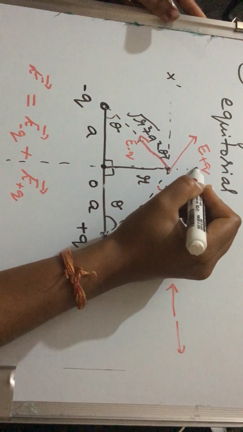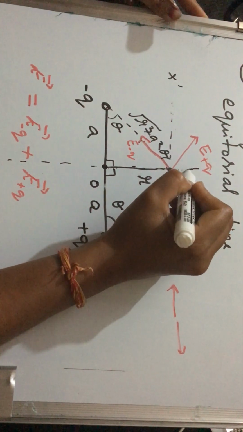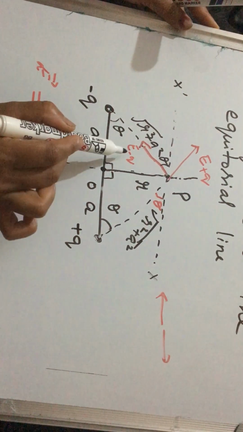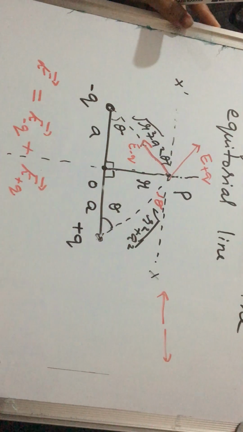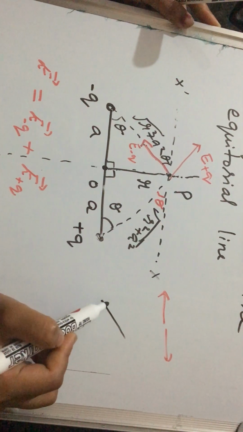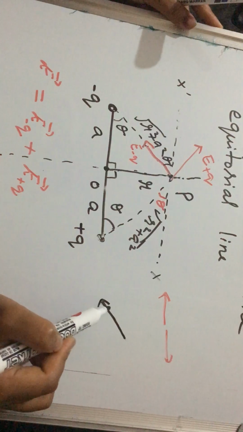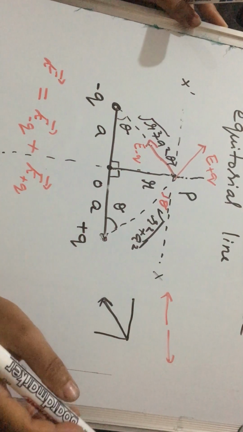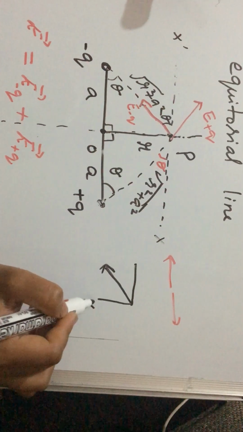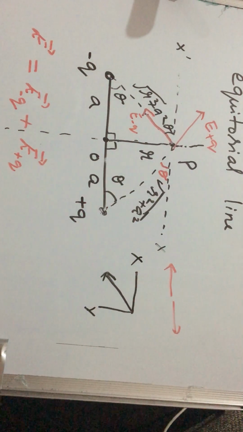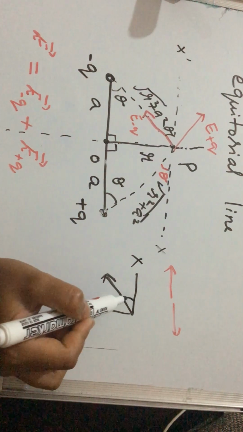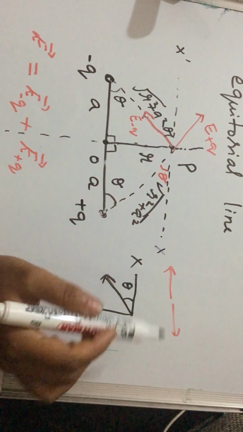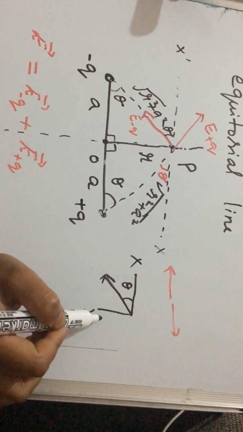Now E minus Q. We know from vectors that if a quantity is a vector, then we can resolve it into two perpendicular components, say this is y, this is x, right? Then the one which bears the theta will have cos of it, and the other one will have the sine of it.